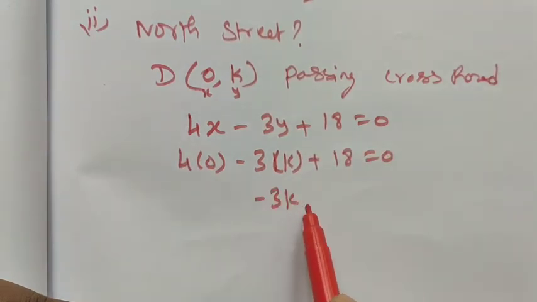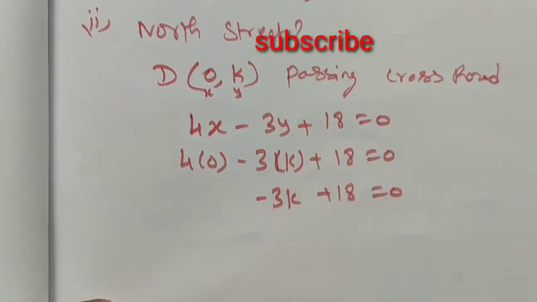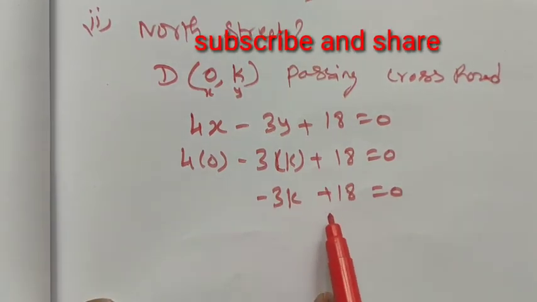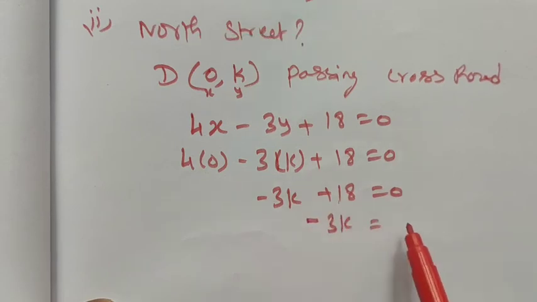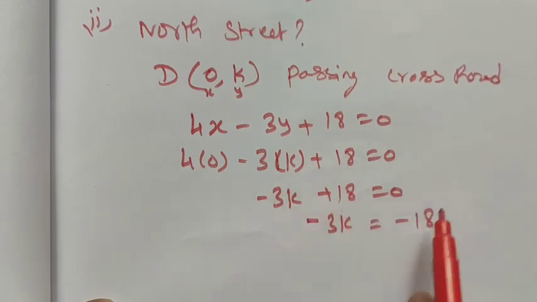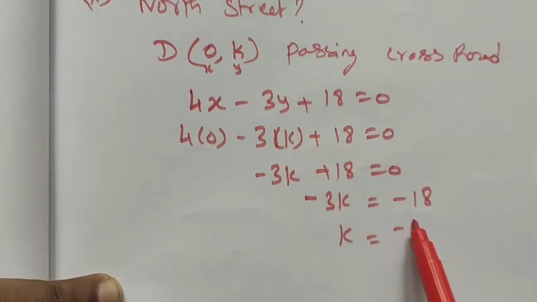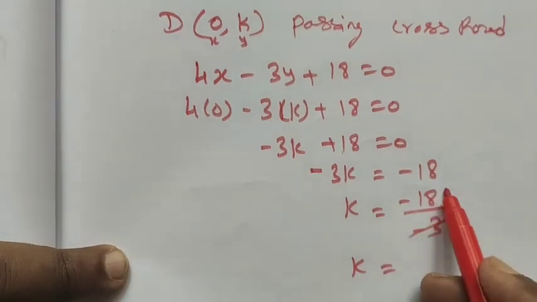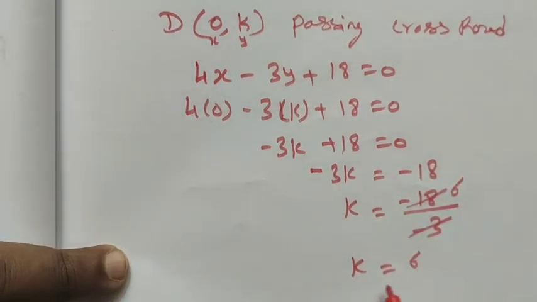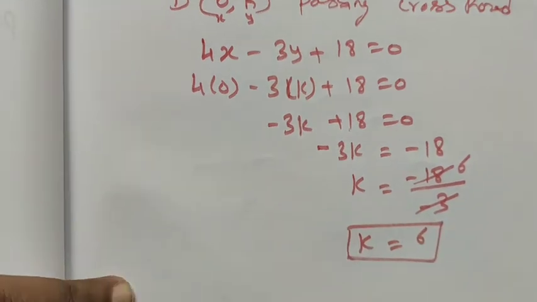So minus 3k plus 18 equal to 0. We want to find the k value, right? I take this 18 to another side. Minus 3k is equal to minus 18. Plus 18 turns to minus 18. Then k is equal to minus 18 divided by minus 3. Both numerator and denominator have the negative value, so the negative will be cancelled. 6 3s are 18. Then k is equal to 6.